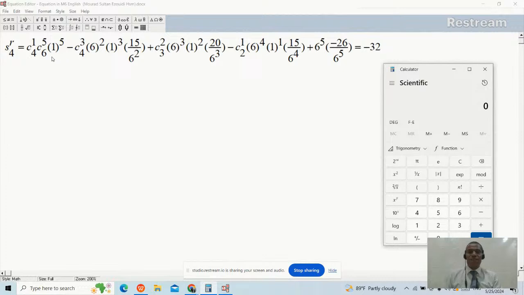Let's proceed. We write the combination 4 choose 1, which means 4. I will write immediately 4 times 6 choose 5, which is 6, so 6 times 6 means 24, times 1 cubed, 1 raised to the power 5, which is 1.